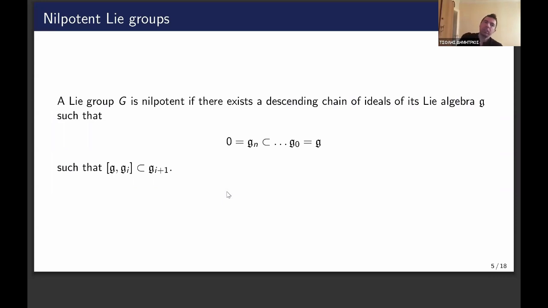Now we'll mention nilpotent Lie groups. A Lie group is nilpotent if we have a descending chain of ideals of the Lie algebra that eventually terminates.